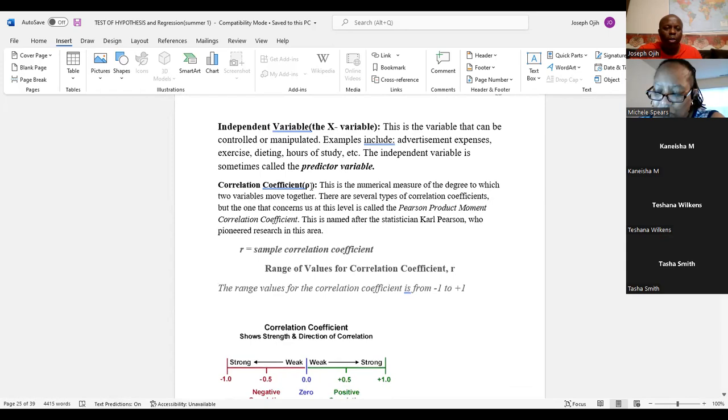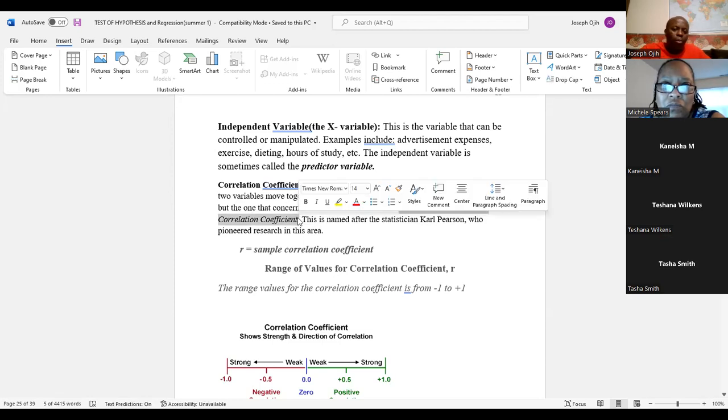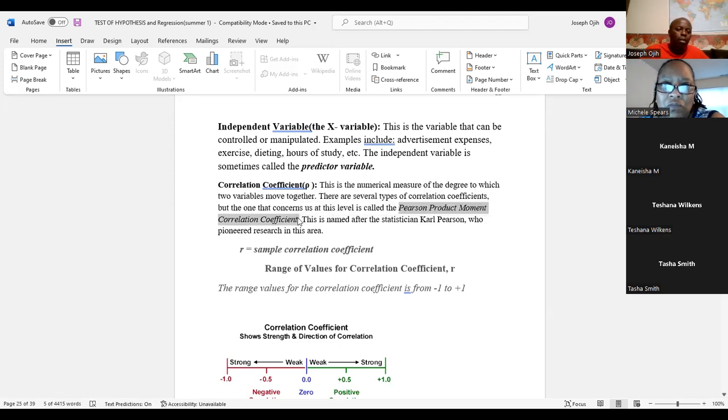Now, for the correlation coefficient, we use rho. This symbol, we call it rho. It is a way of measuring the degree to which the two variables move together. There are many types of correlation coefficients, but the one we'll be using for this class is what we call the Pearson product moment correlation coefficient.